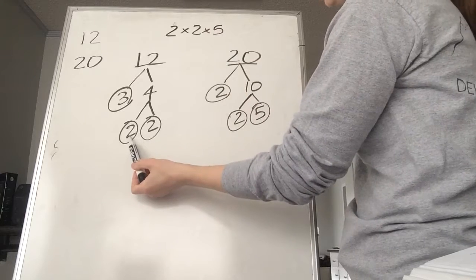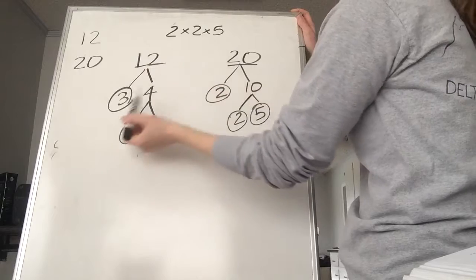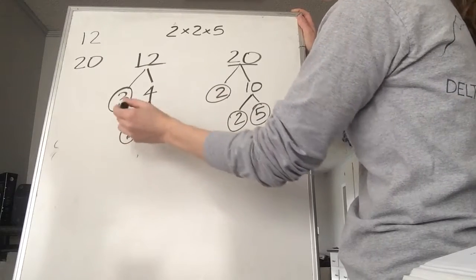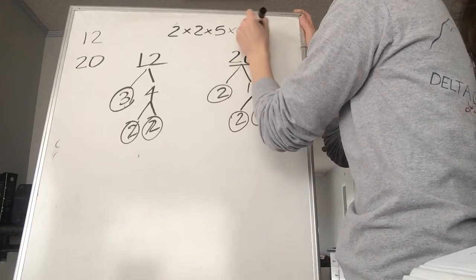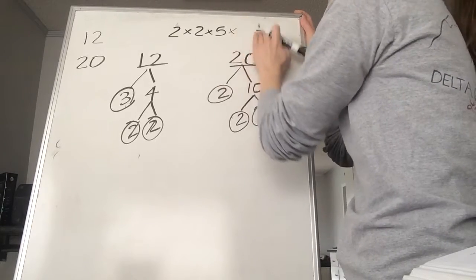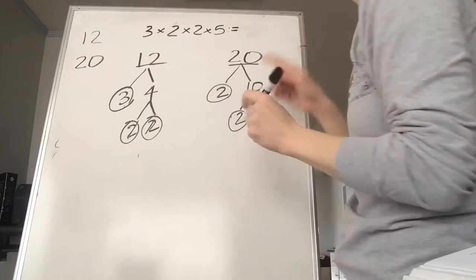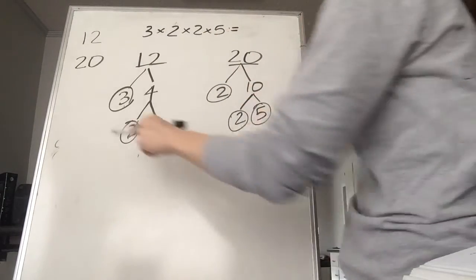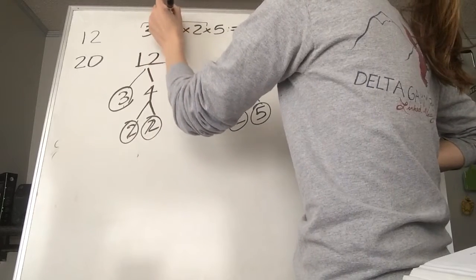Okay, I have a 2 in my 12, and I have another 2 in my 12. So I already have those. All I'm missing is the 3. So times 3. Actually, let's put it here because I want to show you something. Both numbers, their prime numbers, should be represented. 3, 2, and 2 gets me 12.